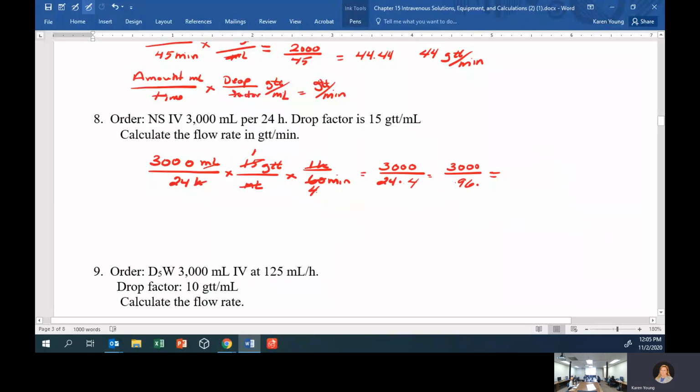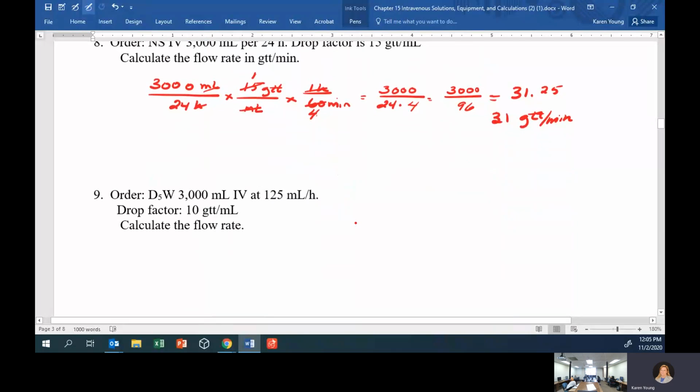So 3,000 divided by 96 is 31.25, which would be 31 drops per minute. I was reading the problems correctly and everything this morning. Not transposing numbers or anything. All right.